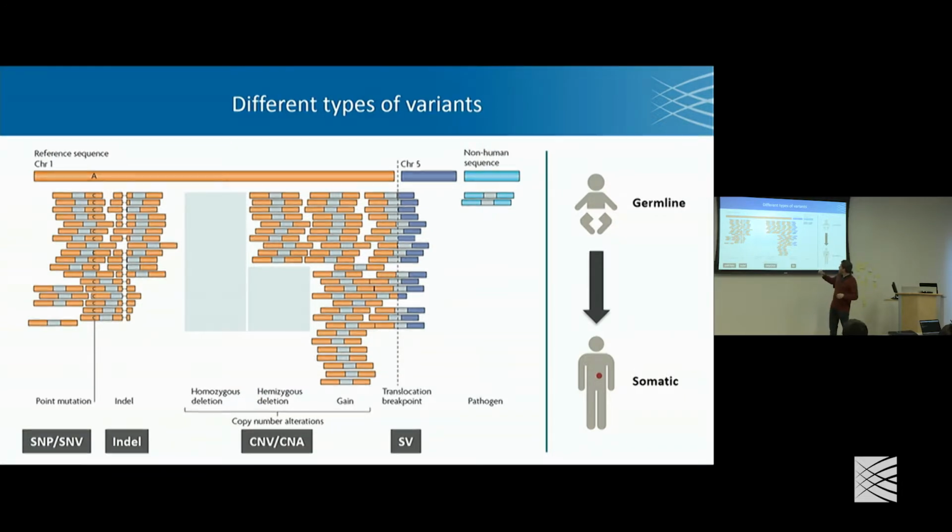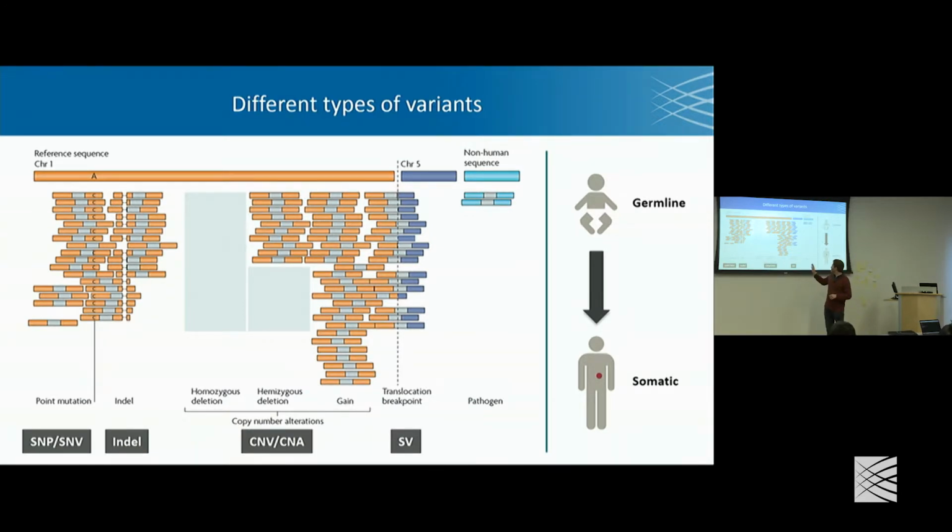In the case of what we'll be talking about today, we're mostly going to just be focusing on the small mutations, which are SNVs and indels, and the copy number alterations, which are deletions and amplifications, sometimes also called gains.